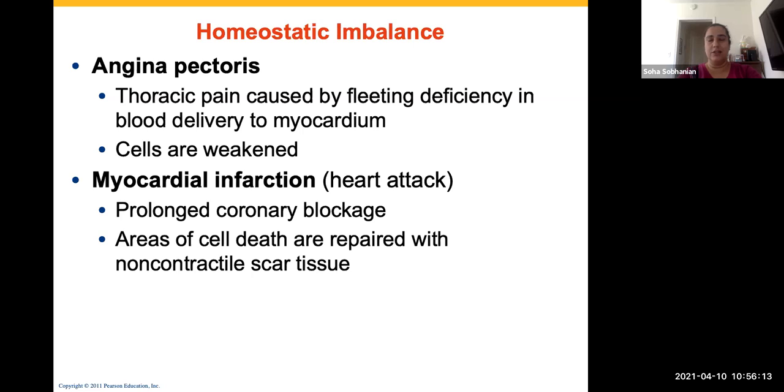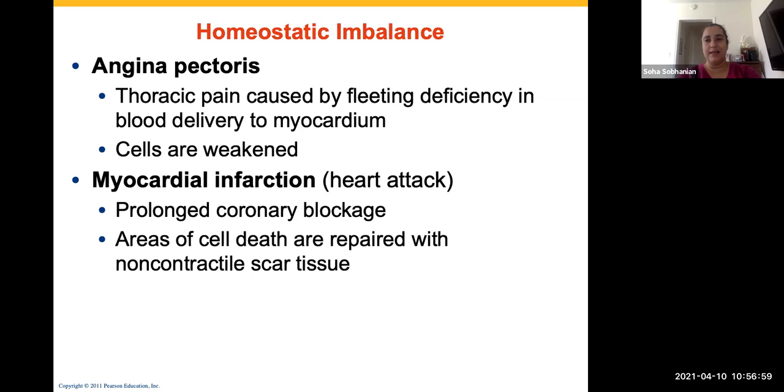One is a surgery called bypass surgery, when they use a blood vessel, typically from the leg, to bypass the blocked artery and make sure that the heart is receiving enough oxygen.